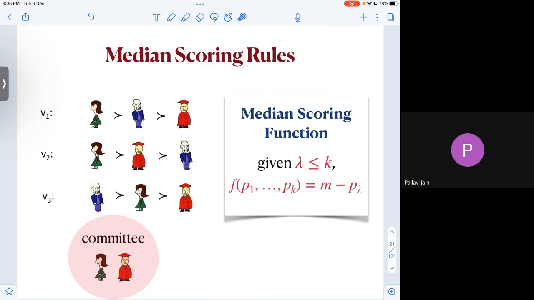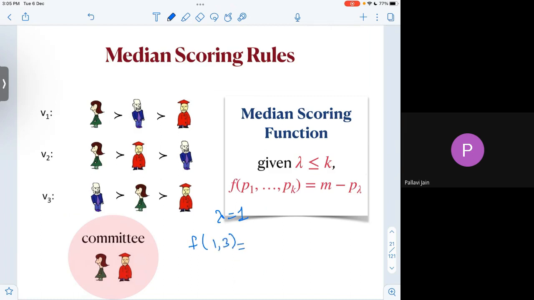Okay. So for example, let's say my lambda is 1. So if lambda is 1, then for voter V1, position vector definition same. We are not changing that because if you notice, we are just changing the scoring function. So for voter V1, what is the position vector? It's same, right? 1, 3, right?